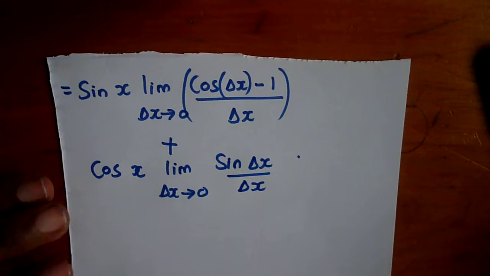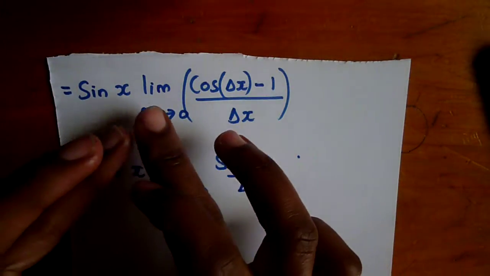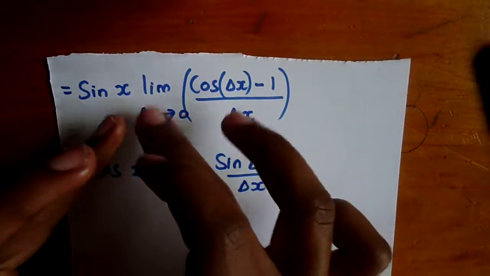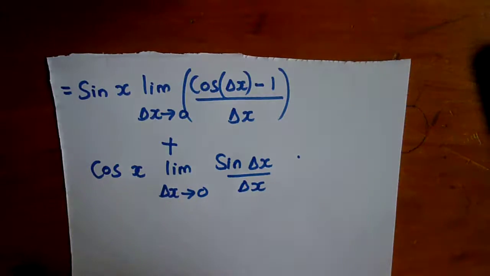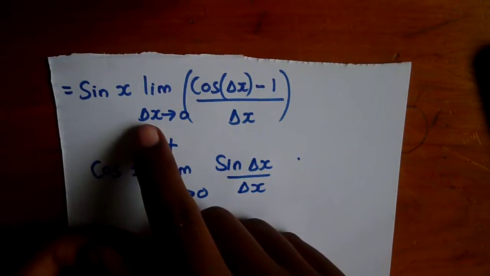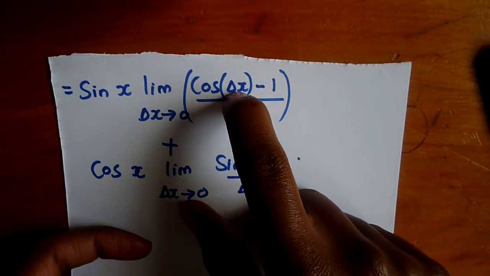As I said before, the reason we were able to do this is that the limit can only apply to one term if two terms are being multiplied together, and we are of course applying it to the term that has the change in x.